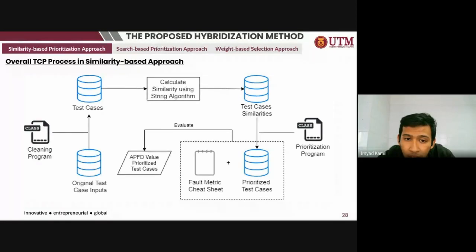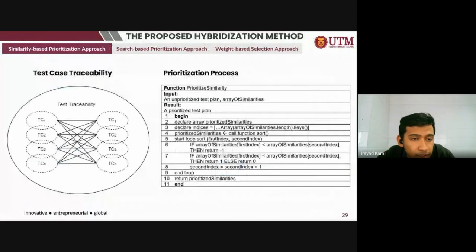After calculating the similarity, I apply the prioritization program so that I can prioritize the test cases. To evaluate the result, I calculate the APFD value with the fault matrix that has been provided by the open source. So this is the test case traceability.